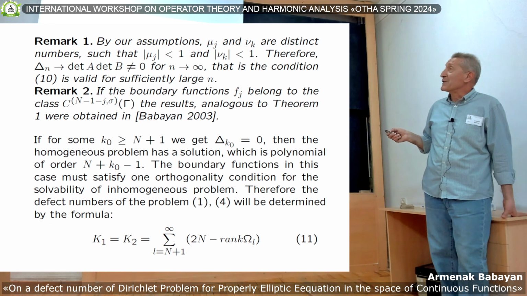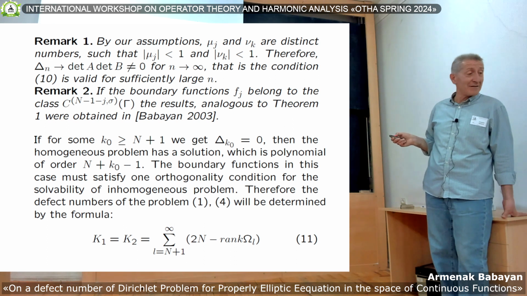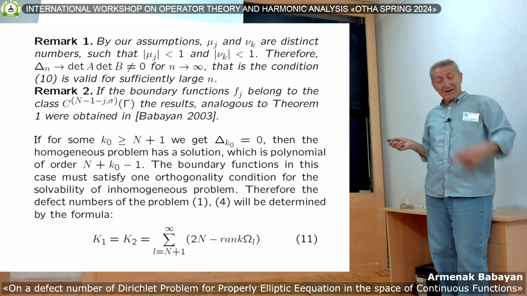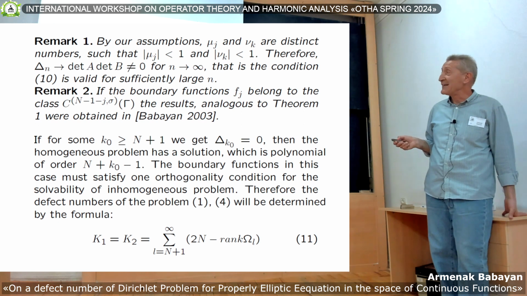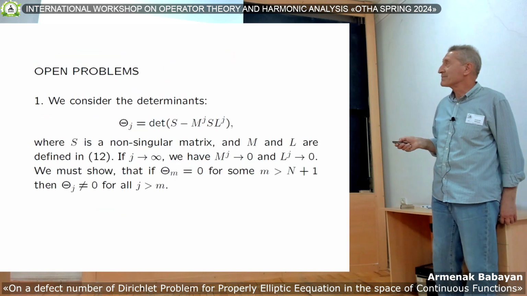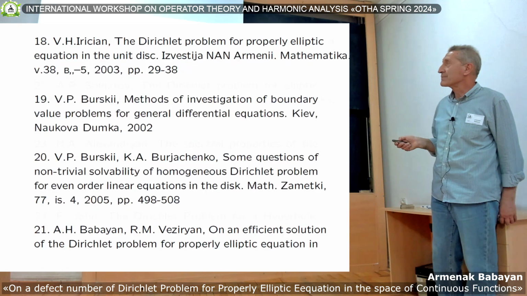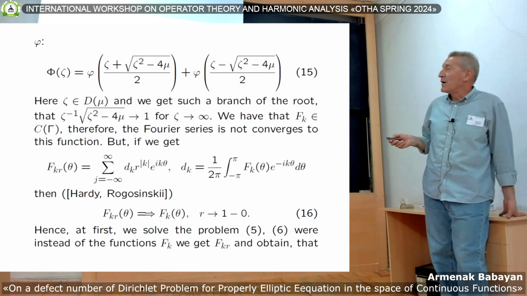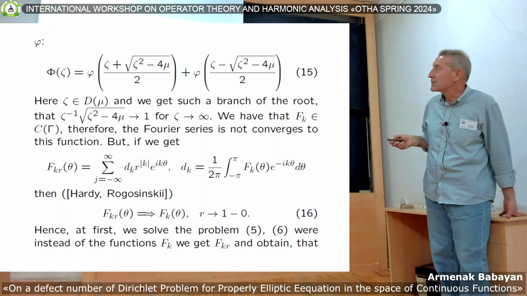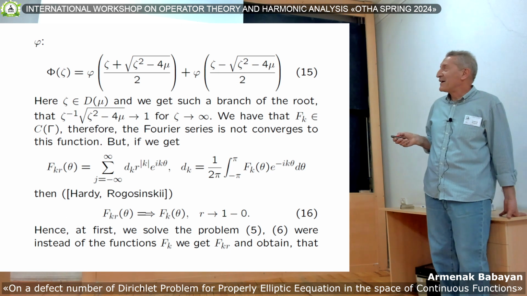If the boundary function belonged to this class, this result was obtained in the earlier work. For a continuous function, we use Abel summation of the Fourier series. So instead of the Fourier series, we consider the following.